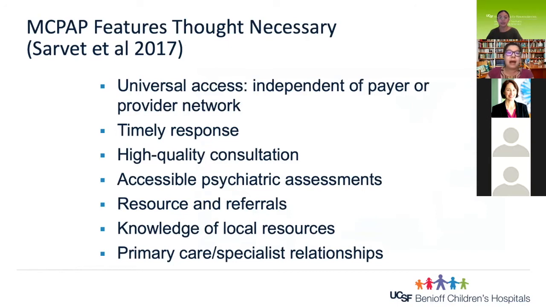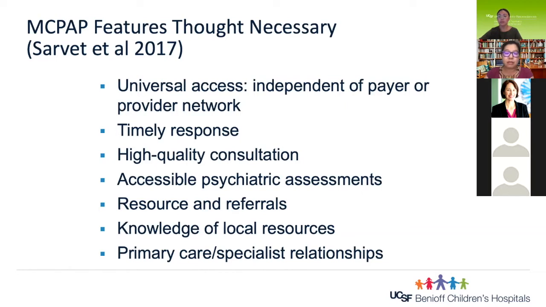So MCPAP studied their program and found a number of features that they thought were necessary for a successful implementation. They found that they needed to have universal access, independent of payers or provider network, so that anyone who called could get a timely response.